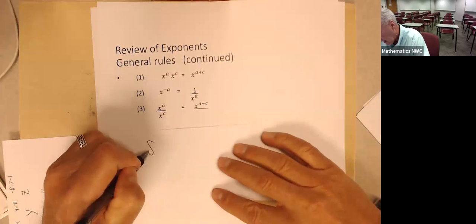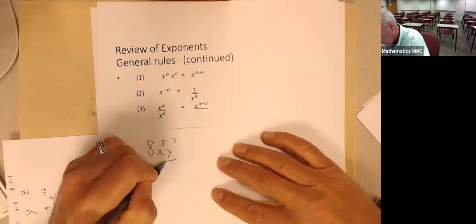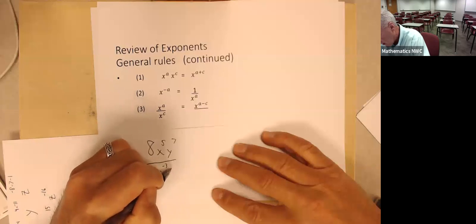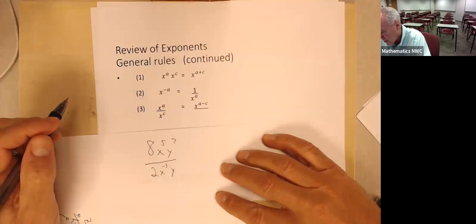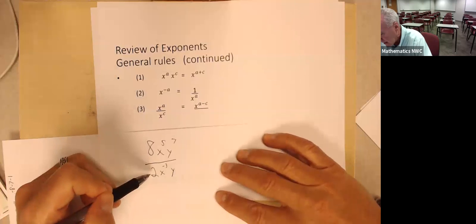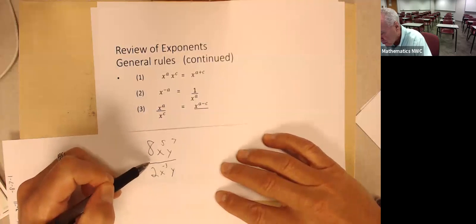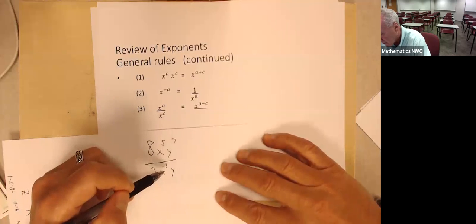Let's just take 8, x to the 5th, y to the 7th, divided by 2, x to the negative 3, y. I wanted to emphasize this one because the 8 and the 2 are not exponents. So we do not treat them like we do the 5 and negative 3 and the 7 and the 1.